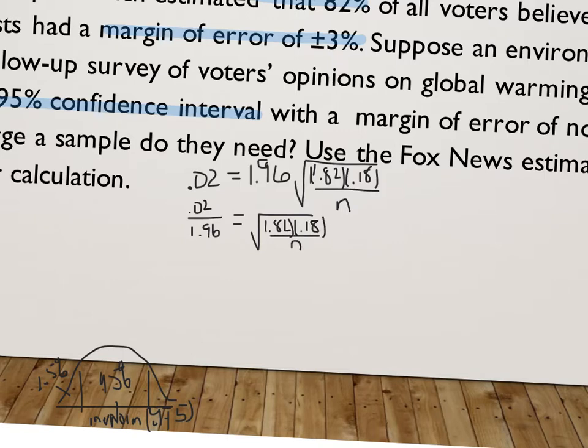And remember, to get rid of that square root sign, you're going to square both sides. Okay, now you have a fraction equal to some number, so you can multiply both sides by n.